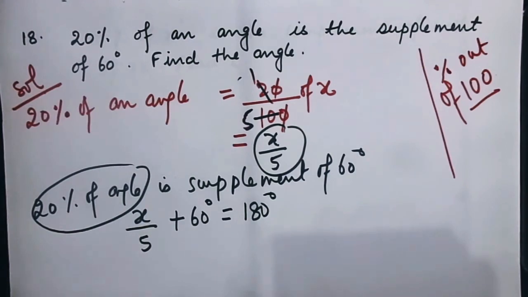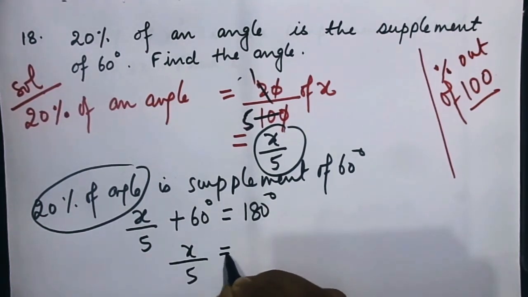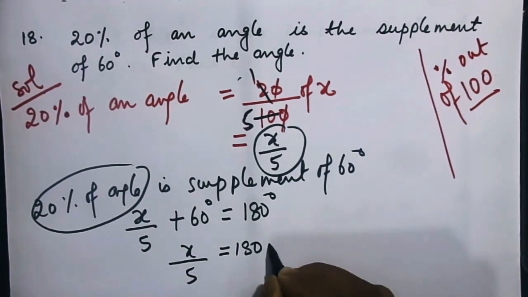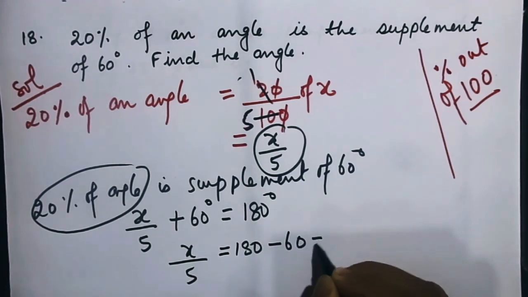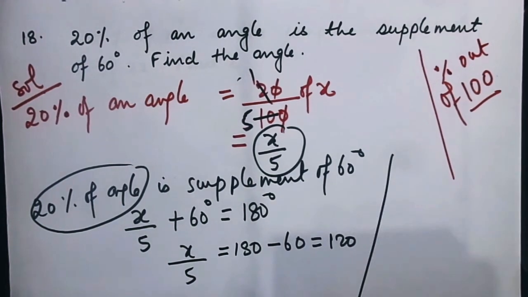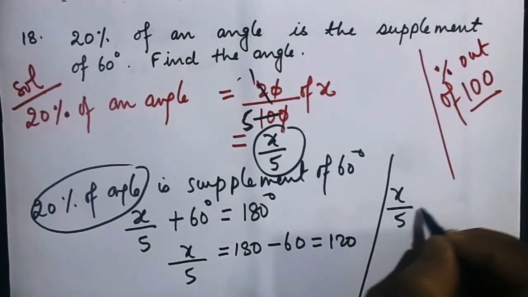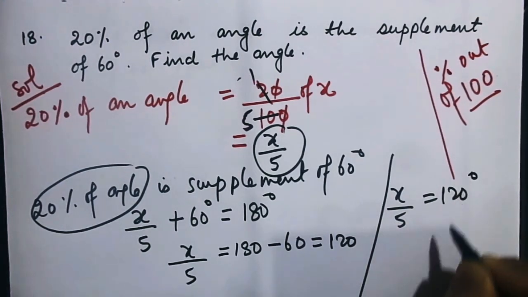Now let us solve. Now we have done 90% of our task. X by 5 will be equal to 180 minus 60 is equal to 120. This means x by 5 is equal to 120 degree.